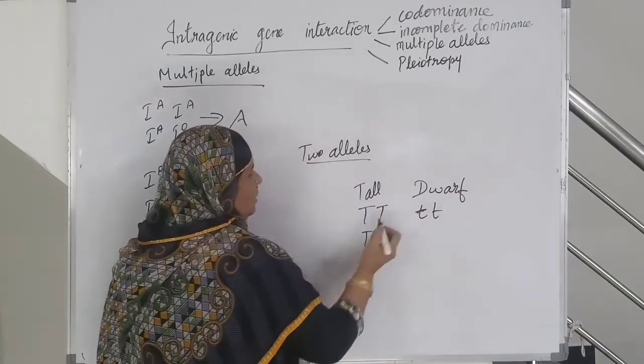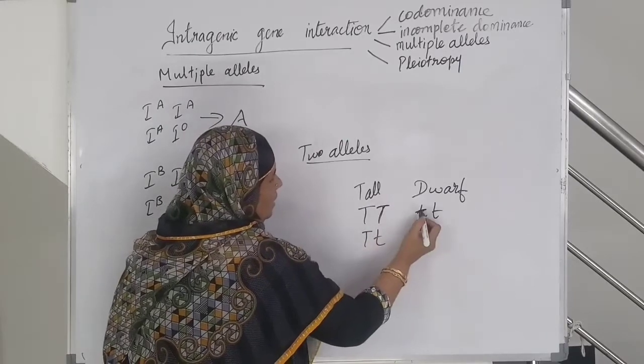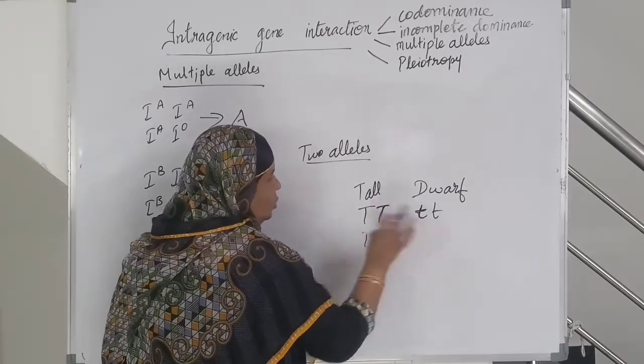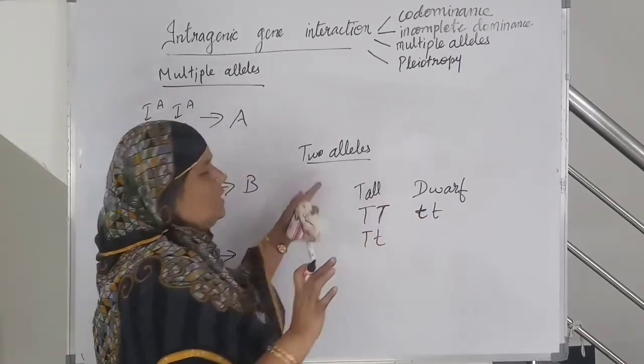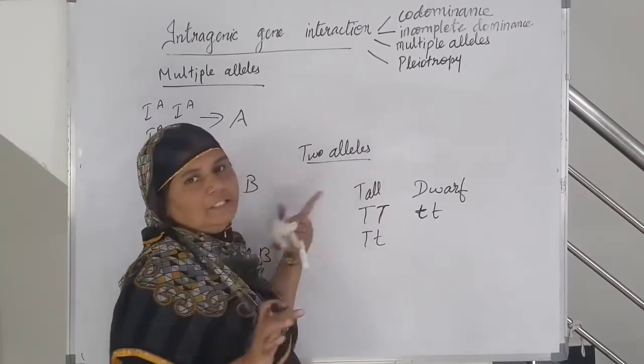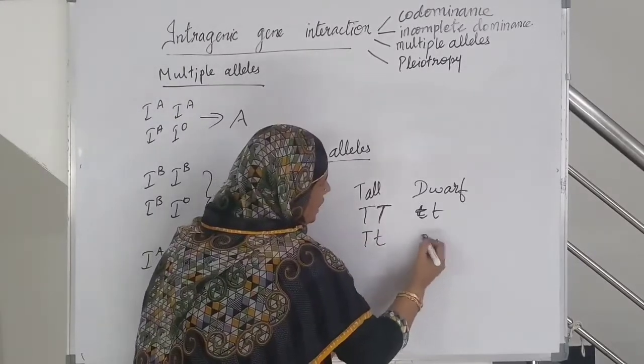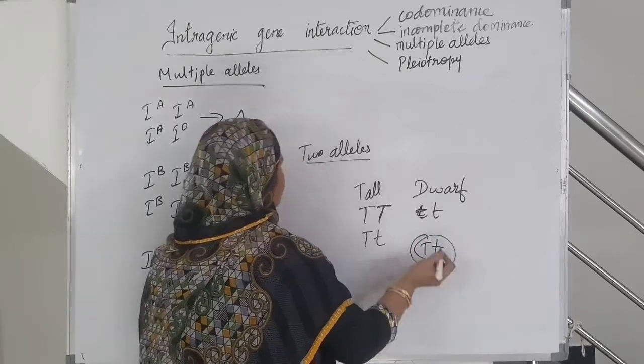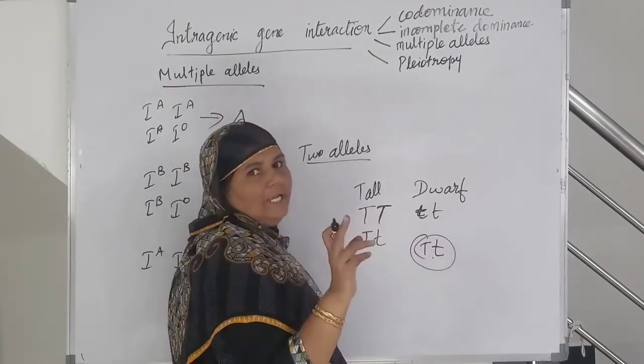If you see, only capital T or small t, 2 alleles only are there to decide a character, that is the height. These 2 alleles decide a character, one phenotype, that is height.